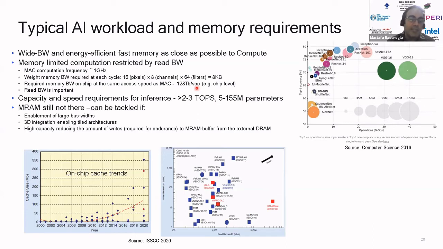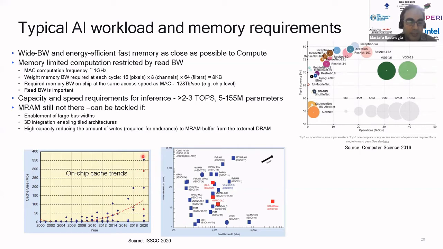So if you target any NVM, non-volatile memory, which has a very good read latency, but write latency is not that critical for this application, it can be a solution. The reason for this is, if you look at the on-chip cache trends, the highest number that you see at the integrated macro level is about 356 megabits.